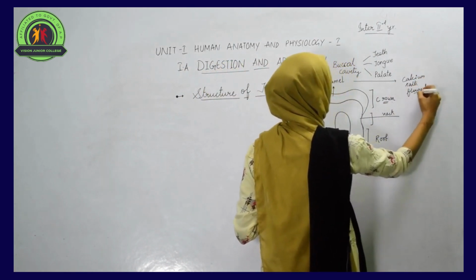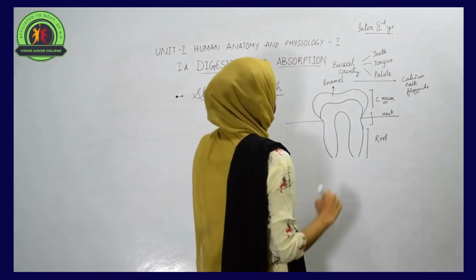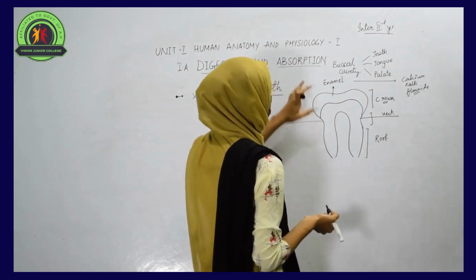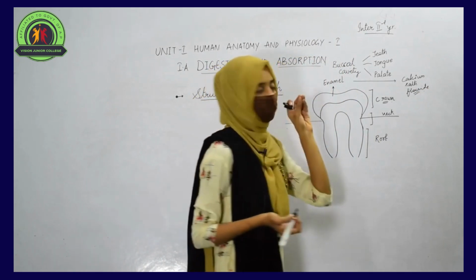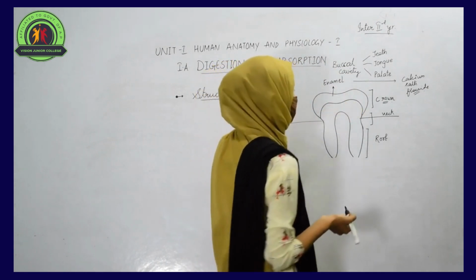But if the fluoride range becomes excessive, many problems can arise, and that can damage the structure of enamel. So this enamel is the hardest part of our body, and it is found in the crown region of our tooth.